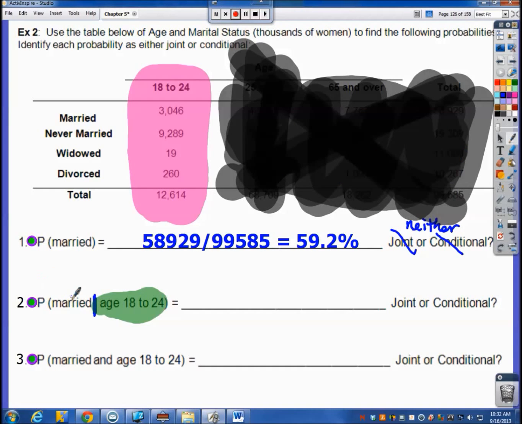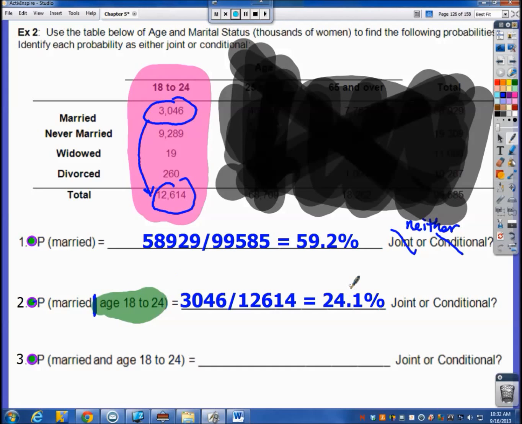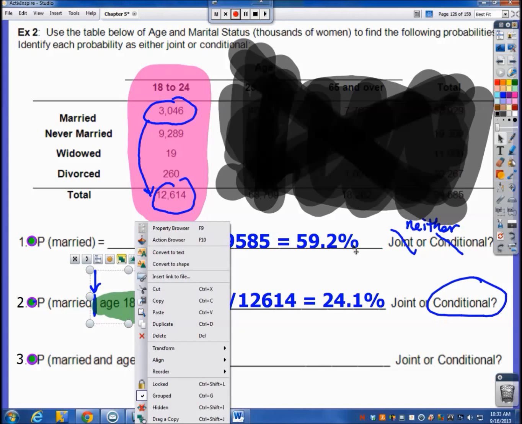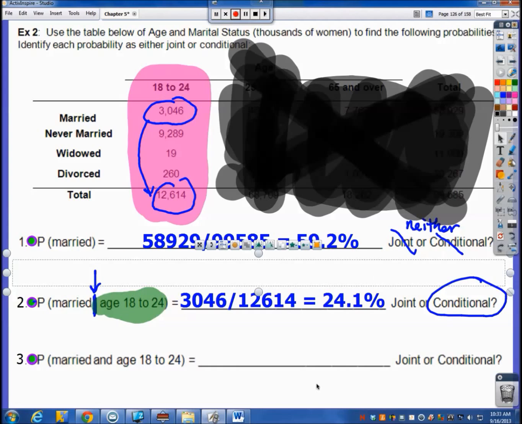So what's the probability that we find a married person? Well, there's that many married people out of this many 18 to 24 year olds. So that gives me about 24.1%. Now, since we have that particular symbol for the given, this is a conditional probability. We were saying, hey, we know some extra information about our married people, that they can only be 18 to 24 years old.